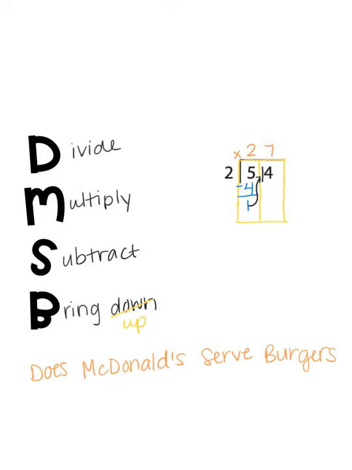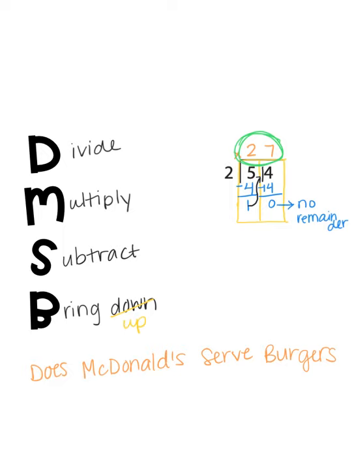Well, 7 times 2 is 14. So when I subtract, I get 0. Because I had 0, I know there's no remainder. Which means that my quotient is 27. So that's just 2 different ways of organizing the same thing. You'll get the correct answer either way.